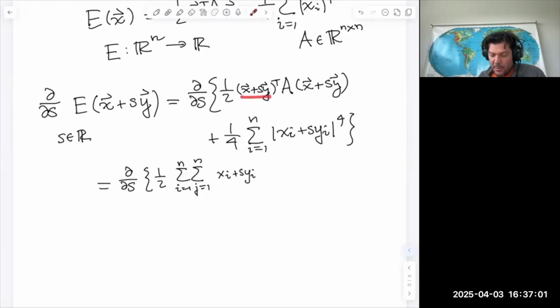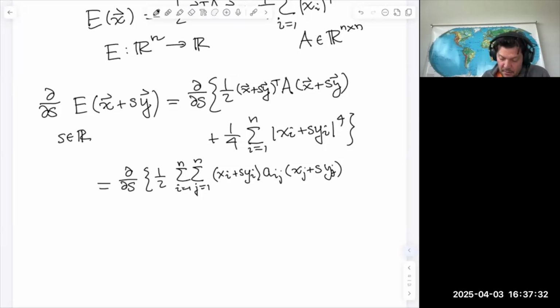So this we can interpret as a dot product with another vector, right? Because A times x is a vector, and A times x plus s y is also a vector, right? So this just becomes a_ij (x_j plus s y_j). Okay, that takes care of that.